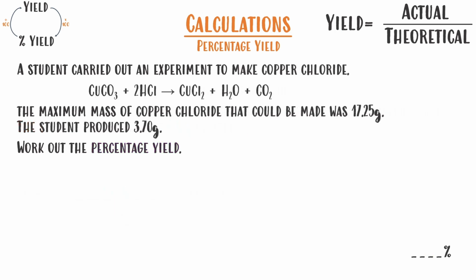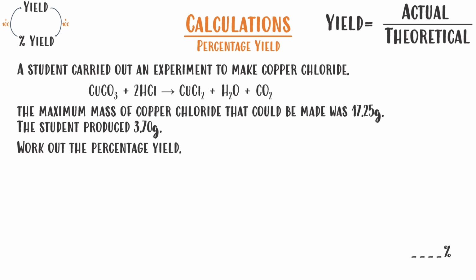A student carried out an experiment to make copper chloride. And again, here's the equation for that reaction. You are not required to memorize any of these equations. The maximum mass of copper chloride that could be made was 17.25 grams. The student, however, produced 3.7 grams. Again, we need to work out the percentage yield.